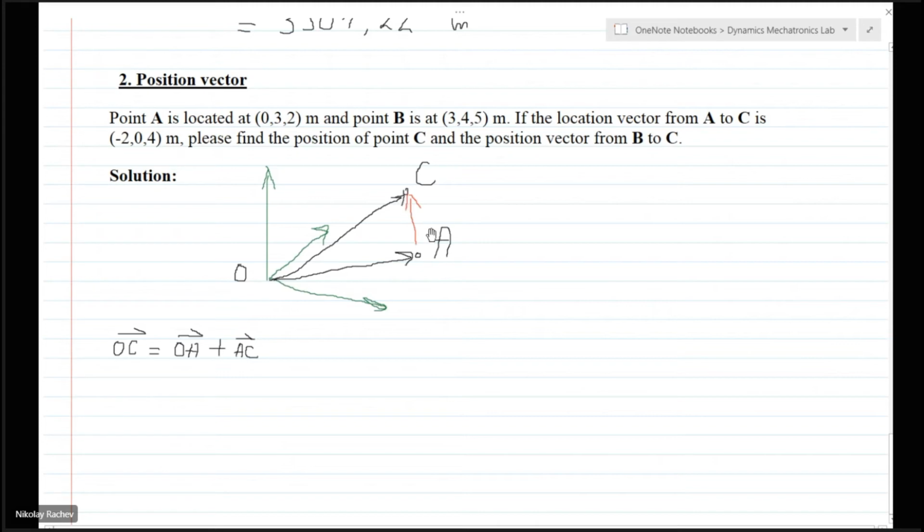But we know OC, we know OA and AC. I agree with you. Well, if you're looking for OA and AC from A to C, we can apply the following rule then. I will do it only once, but next time I will omit the zeros.